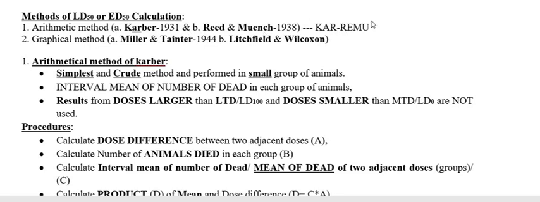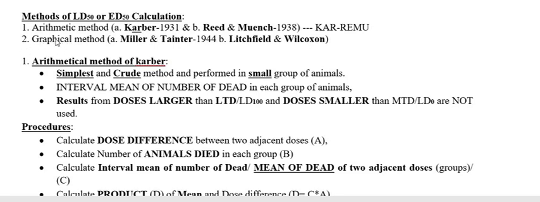This is how you can recall them: Carver comes under the arithmetic method. So this is about the arithmetic method of calculation of LD50.